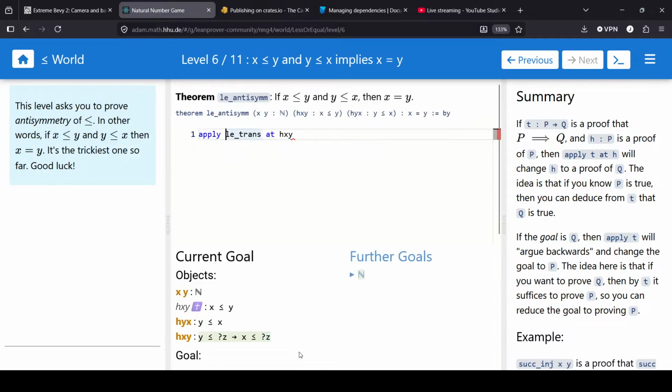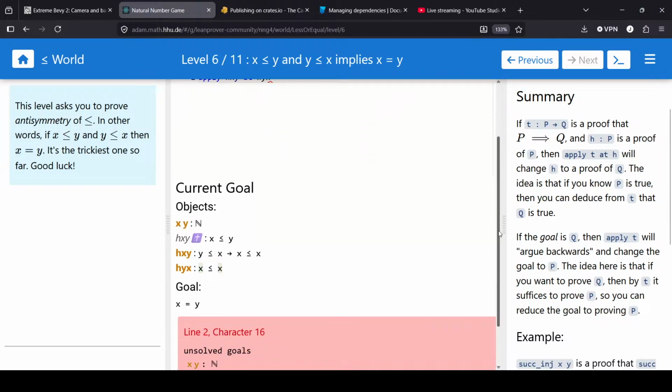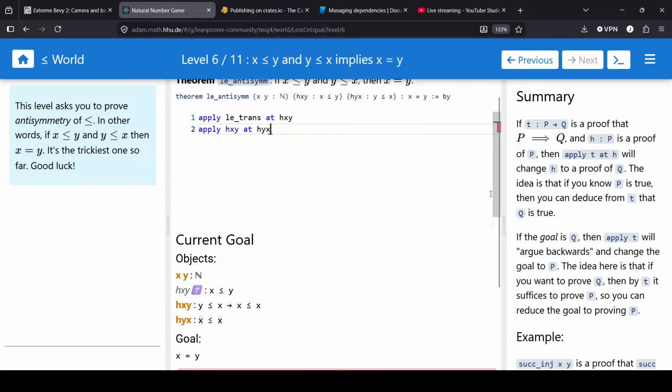I guess I could, because now it has a new thing. Okay, but no, hxy is now a thing. So now I can apply that at hyx? Okay, there we go. Yeah. So that's what I can do. And now I have a proof of x is less than or equal to x. Which doesn't really help me reach my goal, does it? Does it?